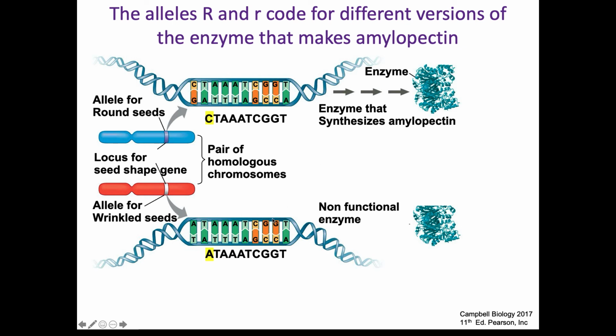The wrinkled allele codes for a different version of that gene, because somewhere in the coding sequence there is a difference in gene sequence, which results in the creation of a stop codon much earlier in the protein. This results in a truncated protein being made from this allele, and that truncated protein is a non-functional enzyme. So the round allele codes for the functioning enzyme, and the wrinkled allele codes for a non-functioning enzyme.